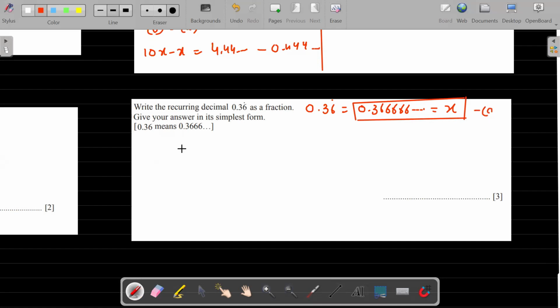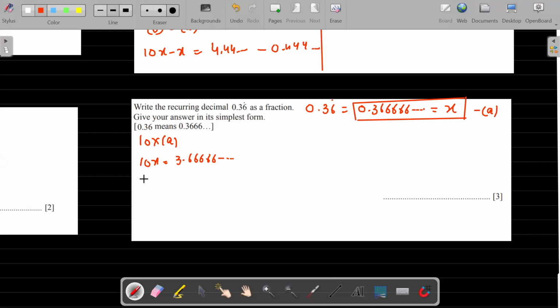Now simply multiply this equation with 10. Multiply equation A with 10. So it will be 10x equals 3.66666 continuous. Or even we can multiply this with 100 as well.